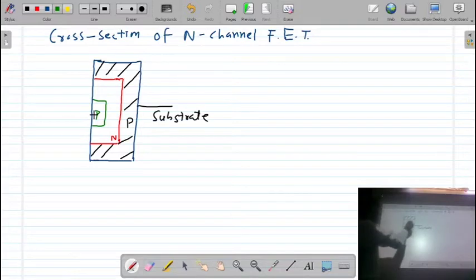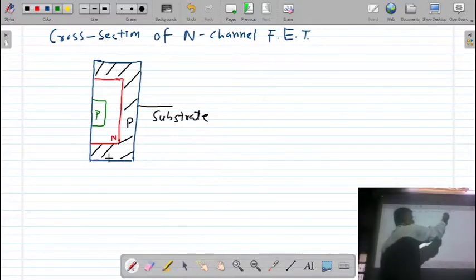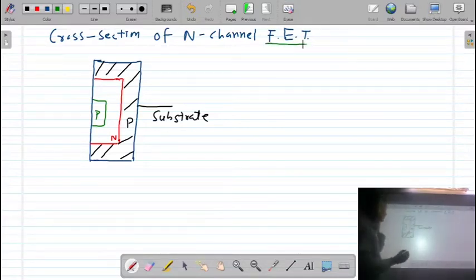Listen again. This is your base on which you are fabricating the field effect transistor. So in this base, lightly doped N-type material is diffused, and this is called the channel.